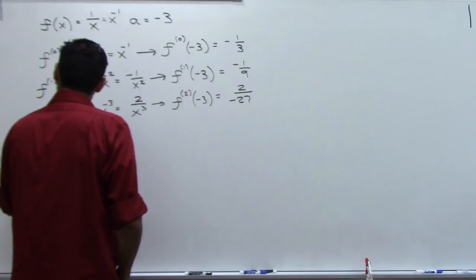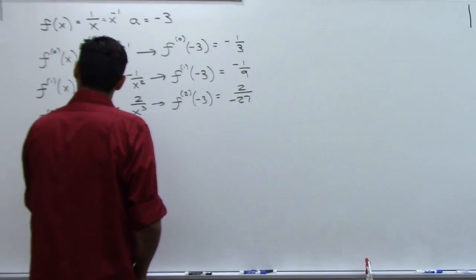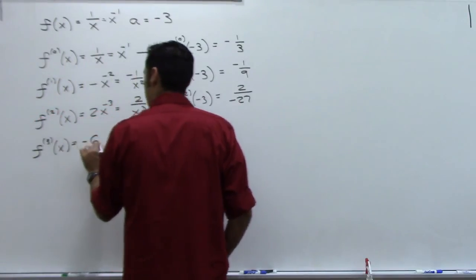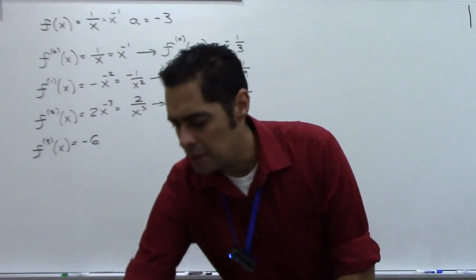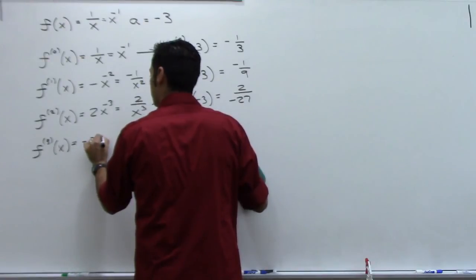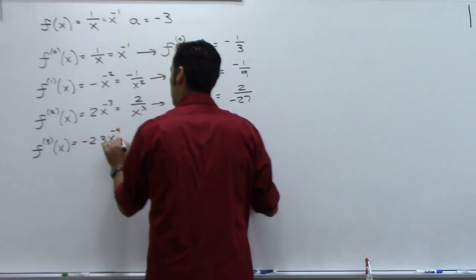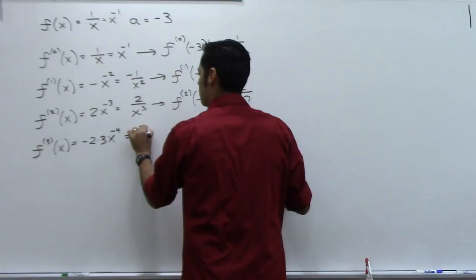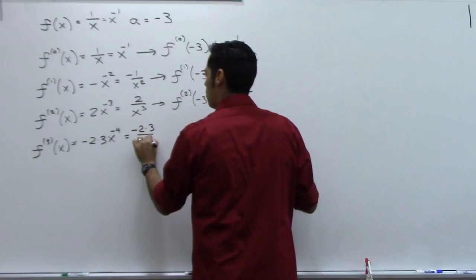Let's see, when we do the third derivative, we get -6. Or actually, I'm going to do what we did before, because I know where that's headed. -2 times 3, x to the -4. That's -2 times 3 over x to the 4th.